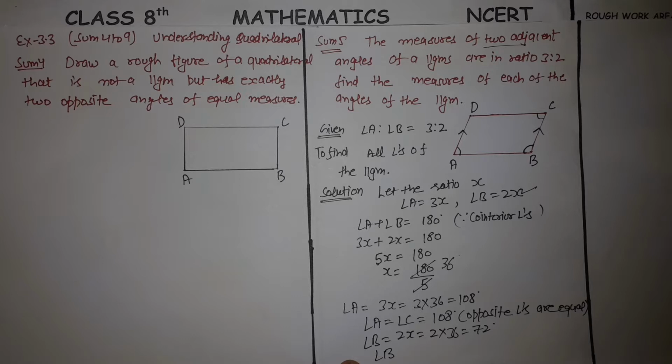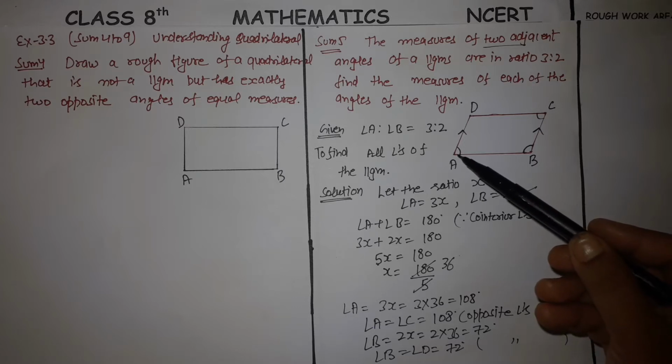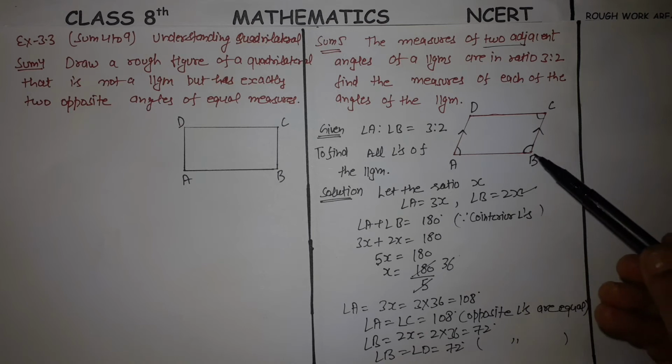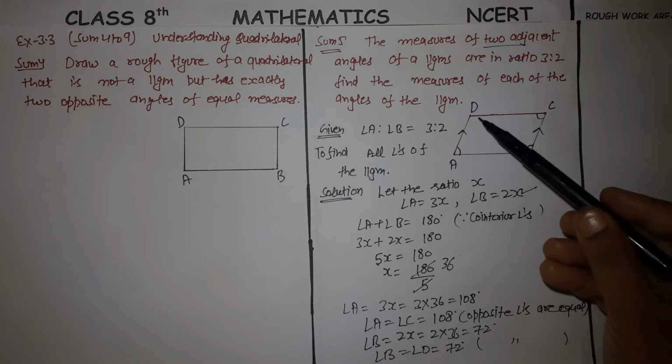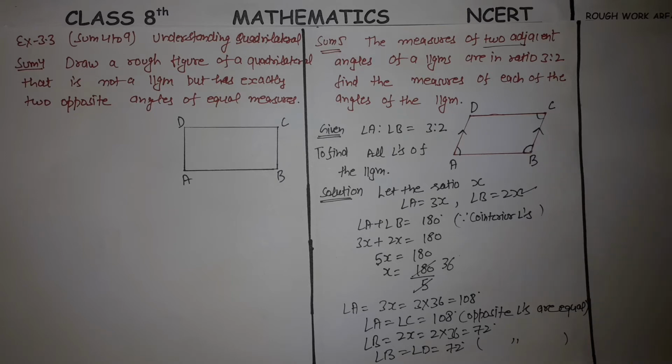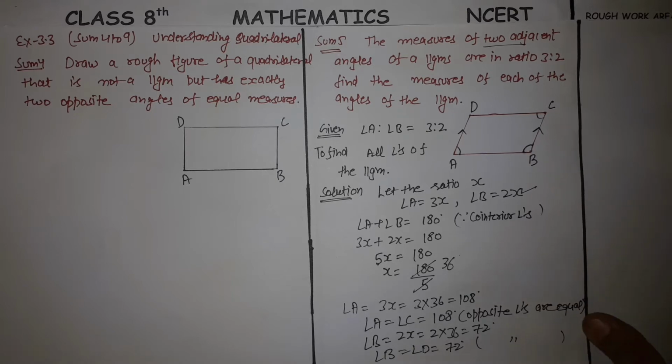Angle B is equal to angle D, 72 degrees. Same reason, opposite angles are equal in a parallelogram. Hence all angles: angle A 108, angle B 72, angle C 108, angle D 72 degrees of the parallelogram.